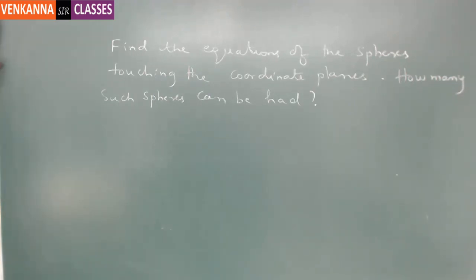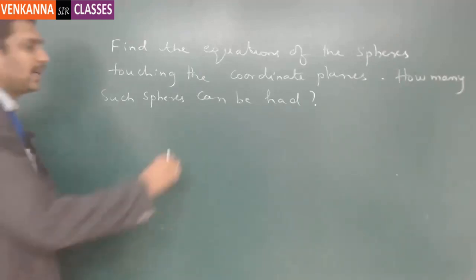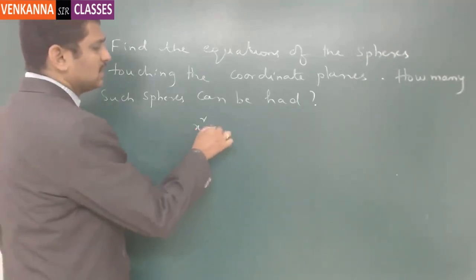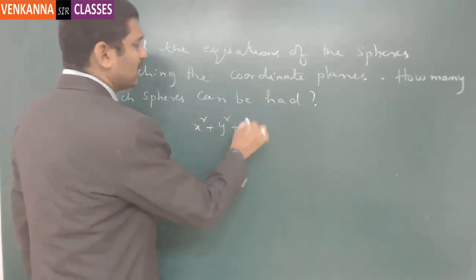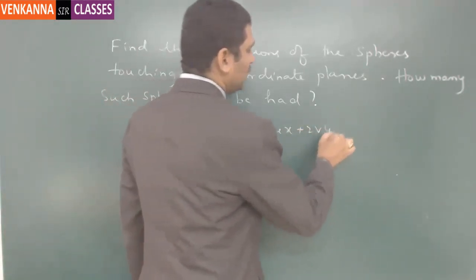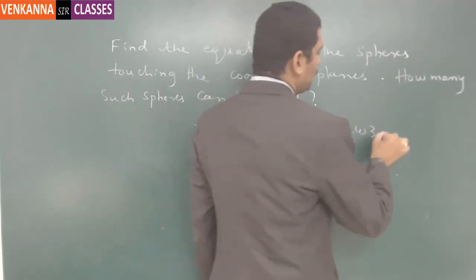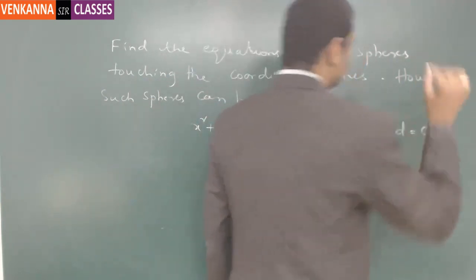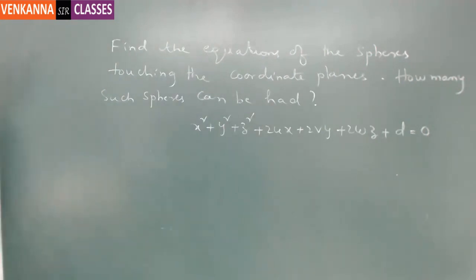Since we need to calculate the sphere equation, let us take that the required sphere is nothing but x square plus y square plus z square plus 2ux plus 2vy plus 2wz plus d equal to 0. If we are able to determine the values of u, v, w, d, then you are done.